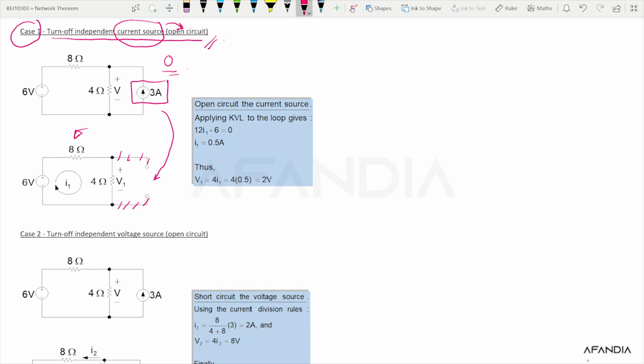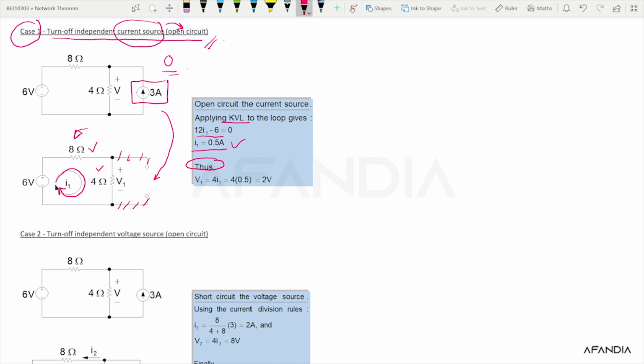If, for example, we apply KVL to this loop, we have this I1, right? Straight away we can write 12I1 minus 6 equal to 0. Why 12I1? Because 8 ohm plus 4 ohm for I1, minus 6, equal to 0. Then we can easily obtain I1 equal to 0.5 ampere.